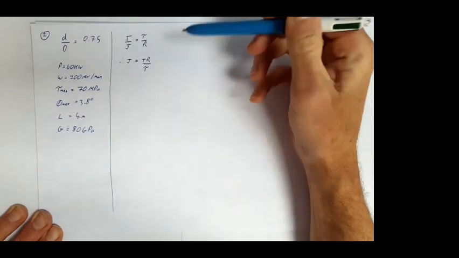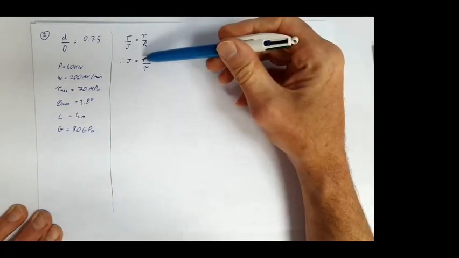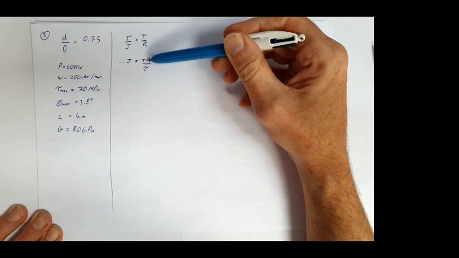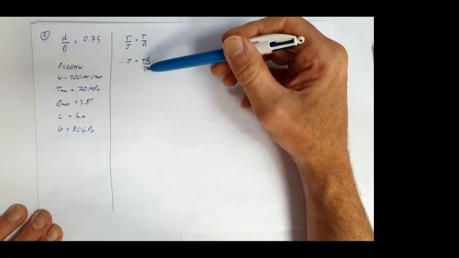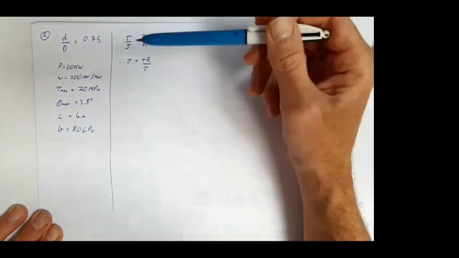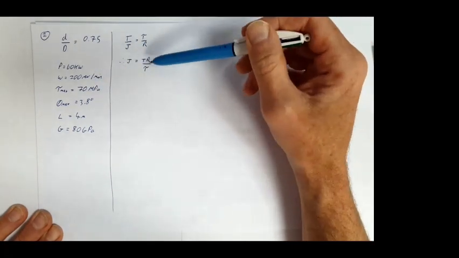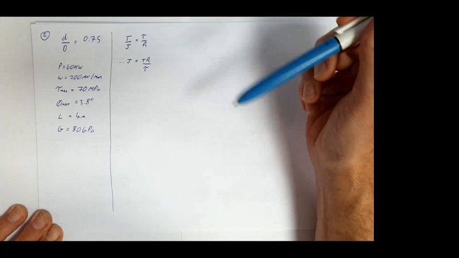So clearly we need to know what torque we're transmitting, the radius of the shaft, and the shear stress. Shear stress we're given in the question, the radius of the shaft, clearly we need to calculate that.